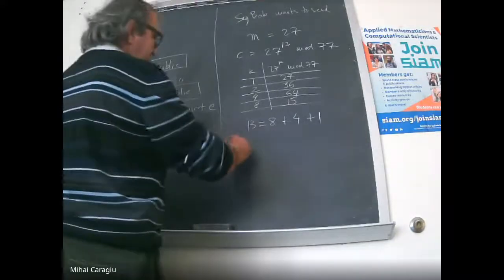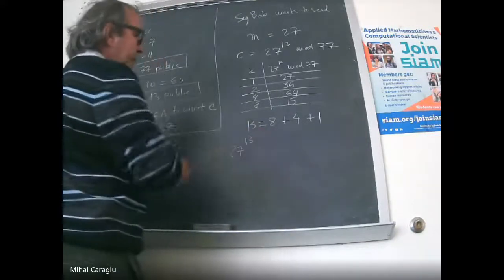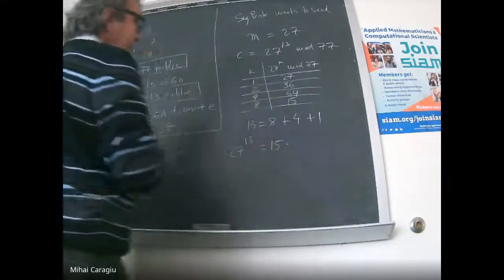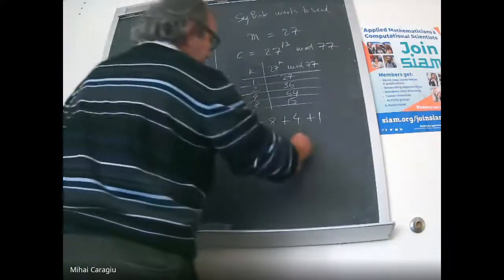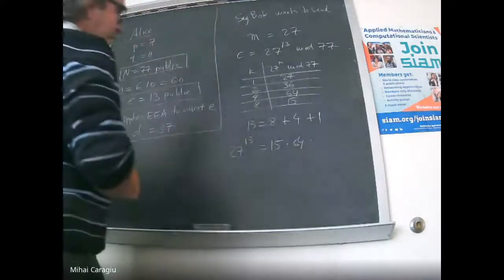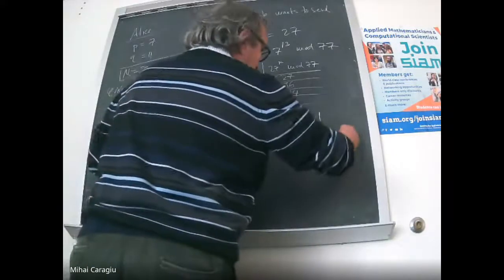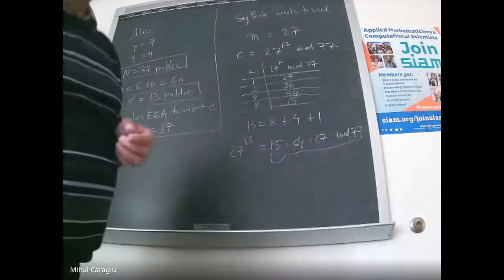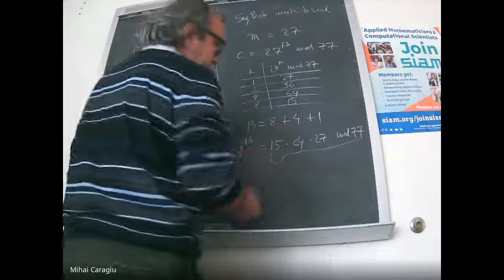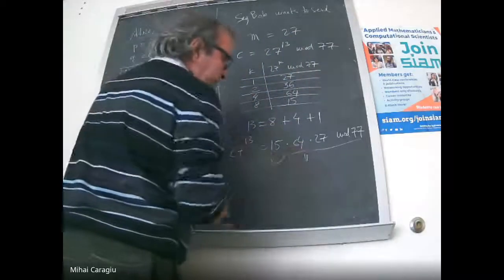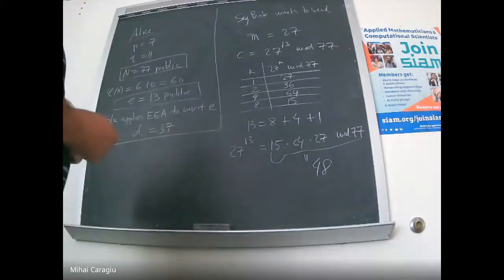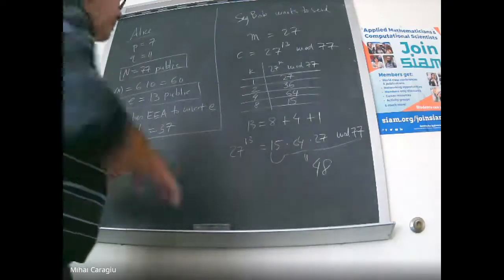Then 27 to the power 13, by the law of exponents, is 27 to the power 8, which is 15, times 27 to the power 4, which is 64, times 27 to the power 1, which is 27, again mod 77. Use calculators and double check everything, and you get 48. So the ciphertext is 48, by using fast exponentiation, or repeated squaring, by the way.